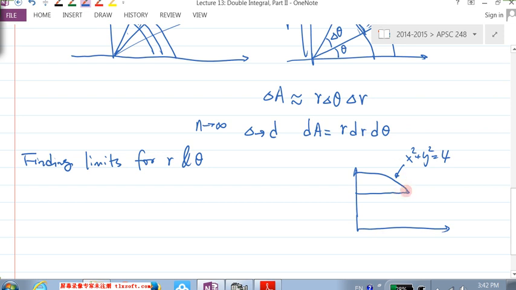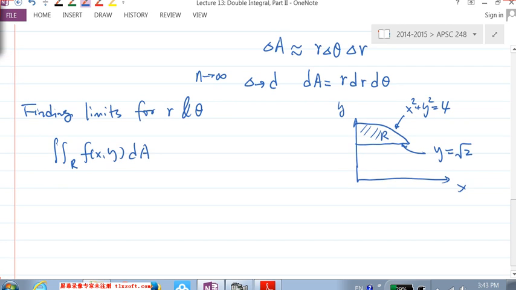And then at the bottom, this is a straight line, y equal to root 2, for example. And then there is this y-axis. Together you have this region R. So this is the region R, and we're supposed to integrate a certain function over this region R.